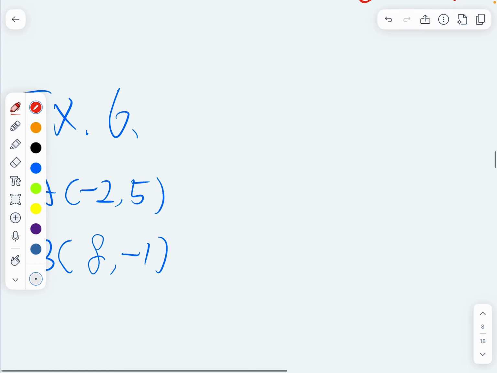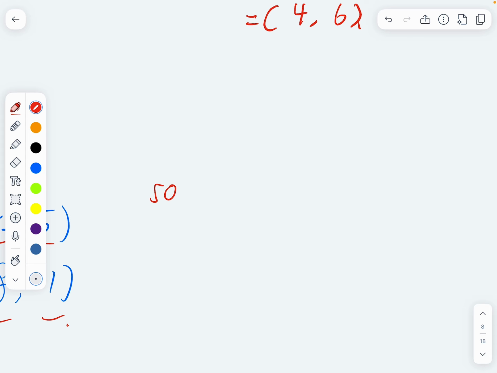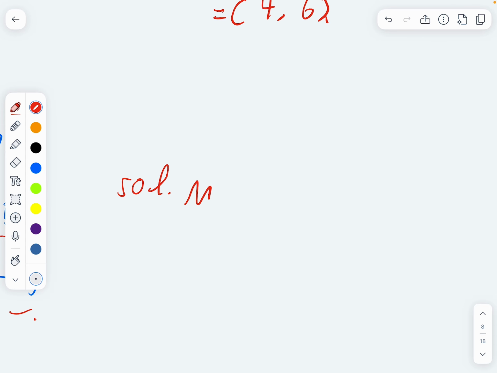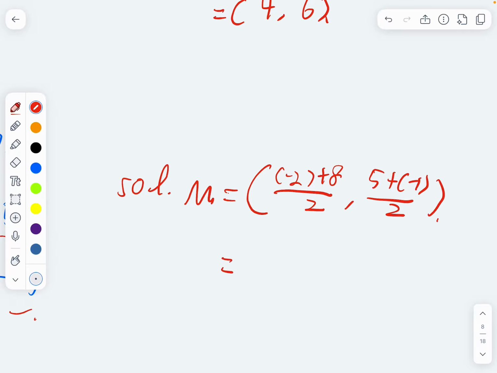Now let's talk about the second one. A is (negative 2, 5) and B is (8, negative 1). We can still calculate the x sum and the y sum. So that will be (negative 2 plus 8) over 2 and (5 plus negative 1) over 2.